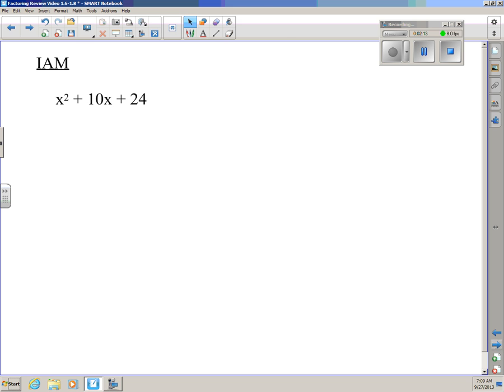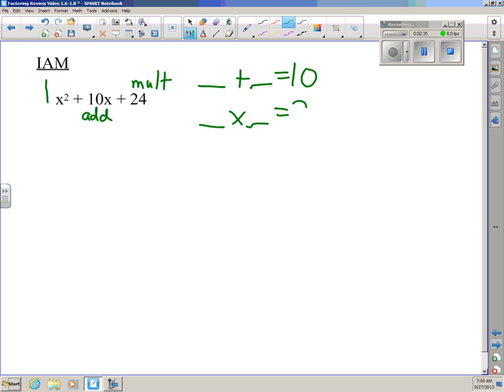IM is next. That's when the coefficient, the I standing for the Roman numeral 1, the coefficient of the x squared term is 1. You want to find a pair of numbers that add to 10 and multiply to 24. 4 plus 6, 4 times 6.